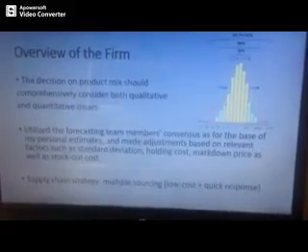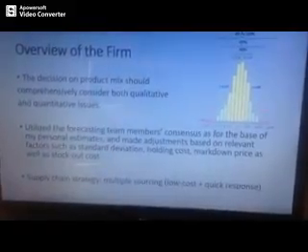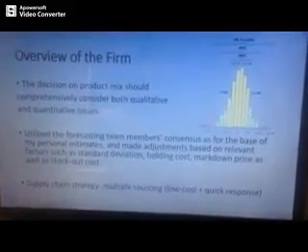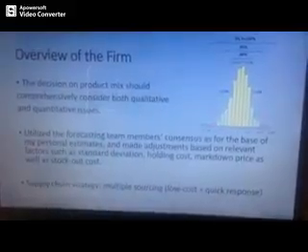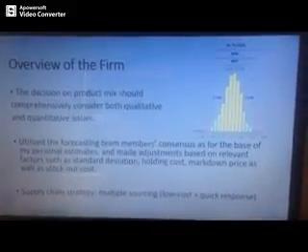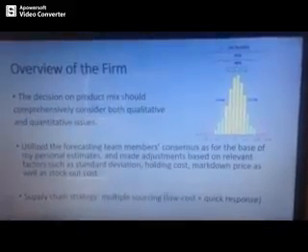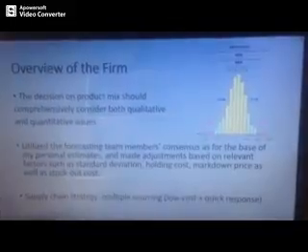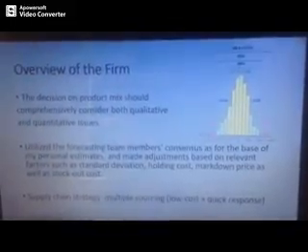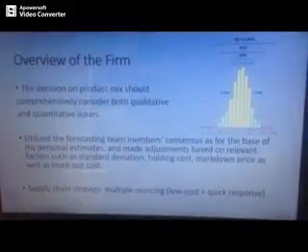In my opinion, the decision on product mix should comprehensively consider both qualitative and quantitative issues. We can get qualitative opinions from the design room team members' discussions. For the quantitative analysis, we can calculate the product mix total profit.